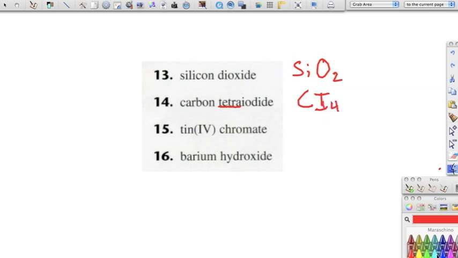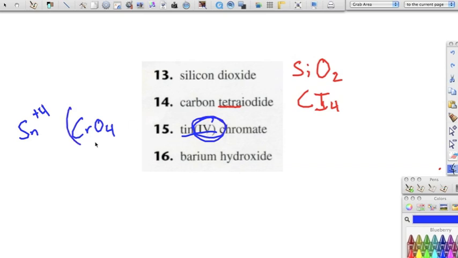Okay, moving on to tin(IV) chromate. Here we see that we know it's not an acid, doesn't tell us. We know it's going to be an ionic compound because we see a metal. And tin is going to be Sn, and chromate is going to be CrO4. Now we have to crisscross these guys, and we crisscross everything except our covalent compounds. So tin is going to be +4, and we get that from the Roman numeral right there, IV.